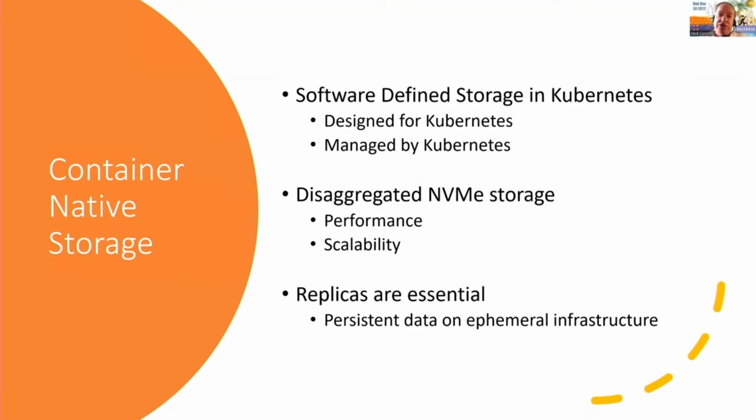Container native storage is designed for Kubernetes and managed by Kubernetes. Ideally, it's based around disaggregated NVMe storage for scalability and performance. Replicas are essential to provide persistent data on ephemeral infrastructure. So, let's look at an example of this in practice.